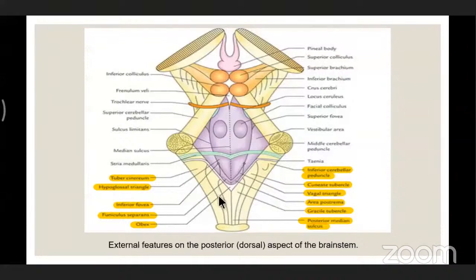Fasciculus gracilis and cuneatus expand above to form gracile tubercle and cuneate tubercle having nucleus gracilis and nucleus cuneatus. Lateral to cuneate tubercle, we have tuber cinereum, and it has spinal nucleus of trigeminal nerve. In the open part, we have hypoglossal triangle, vagal triangle, and the vestibular area. So this was about the posterior aspect.